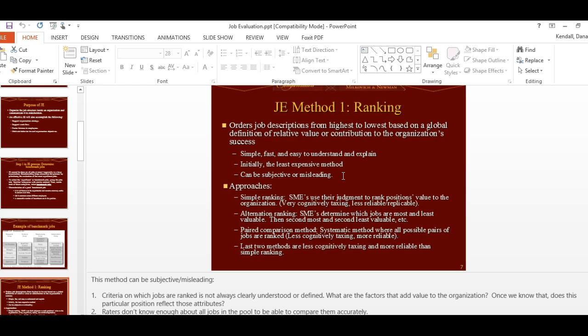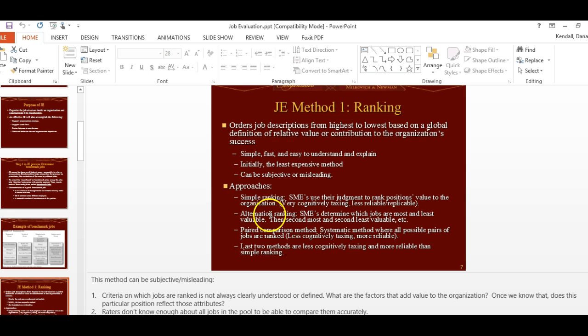Then this one is the second most valuable, and on down the line, and of course the bottom one is the one that, if this position were to go away, the organization would not be impacted as much. And this is a very cognitively taxing method, as you can imagine. The more positions that you have to order in that manner, the more difficult it is.